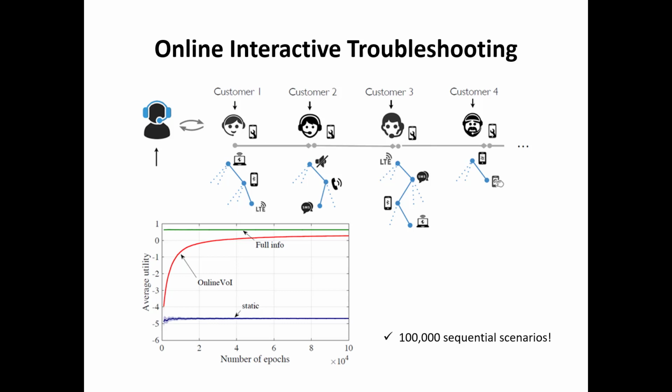The static setting corresponds to the case that we just use some initial guess for the unknown parameters. The full info setting corresponds to the case that we have access to the full information about the parameters. And the online VOI corresponds to the case that we learn the unknown parameters via the described procedure.